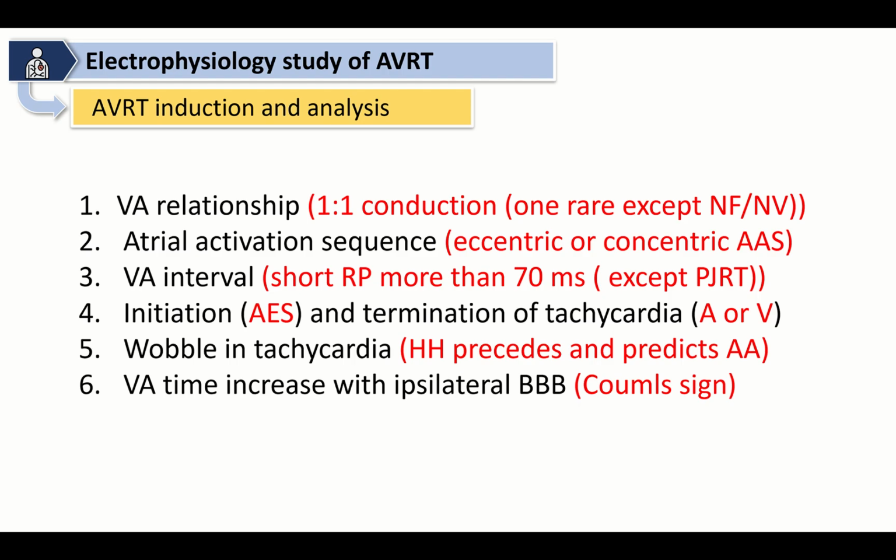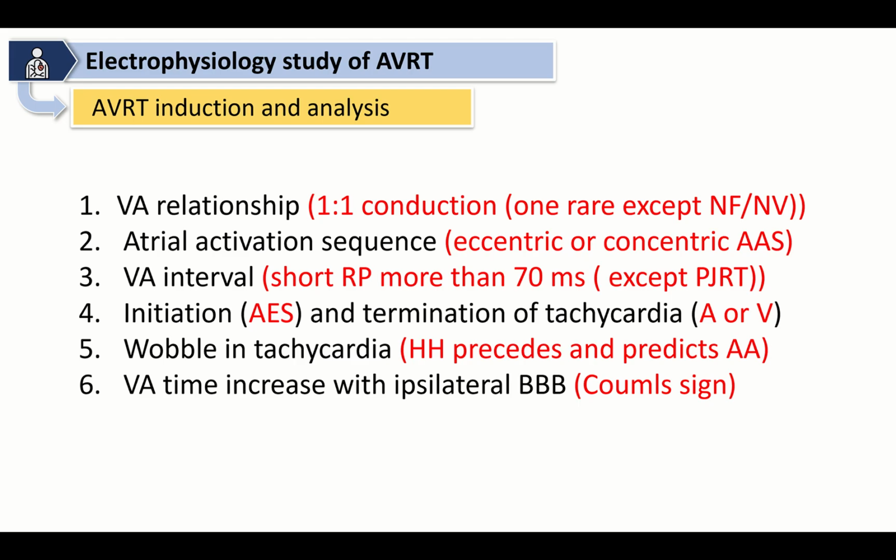Golden rule in AVRT: when you have a tachycardia, you should assess the following 6 points. VA relationship, it is 1-to-1 conduction in 99 cases of accessory pathway mediated tachycardia, no evidence of dissociation at all, except one rare condition called nodofascicular.